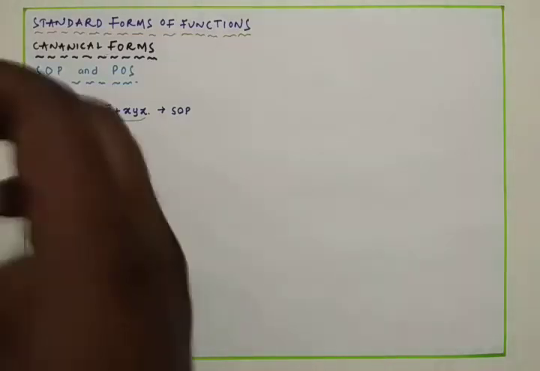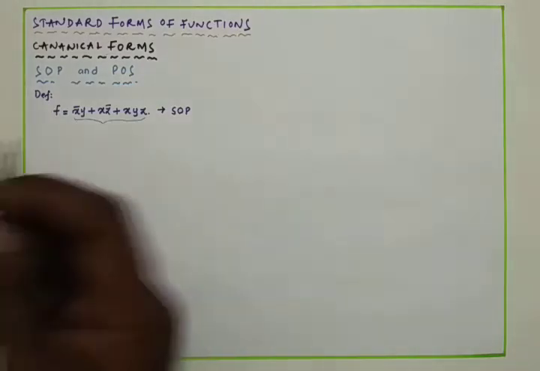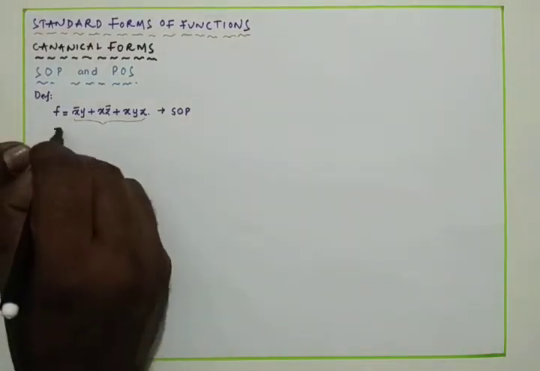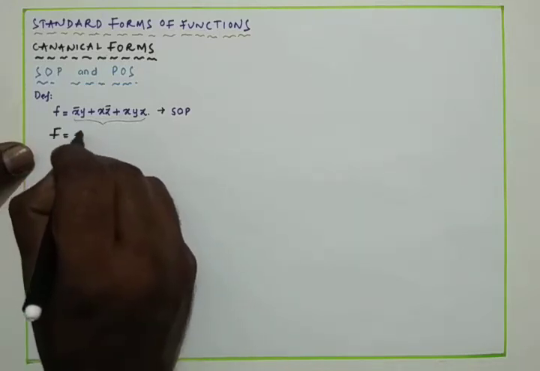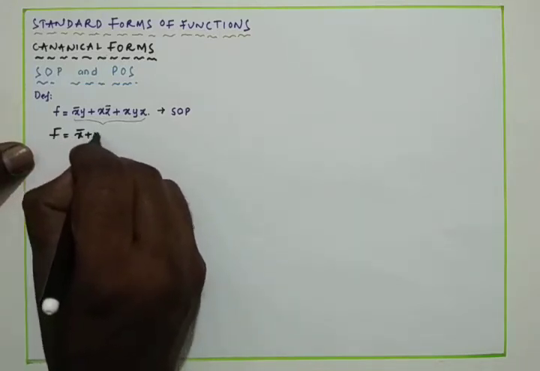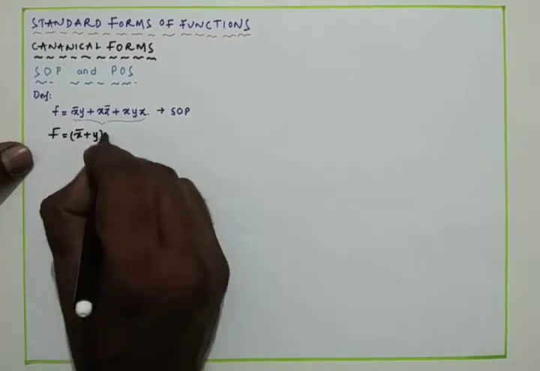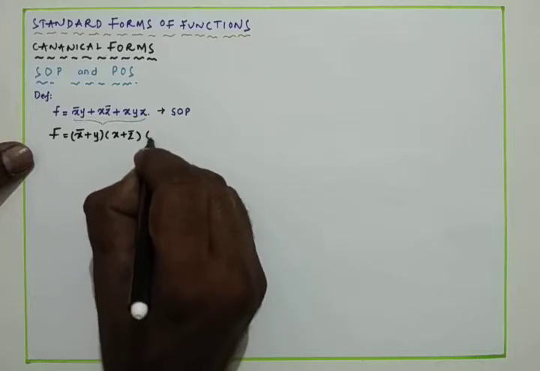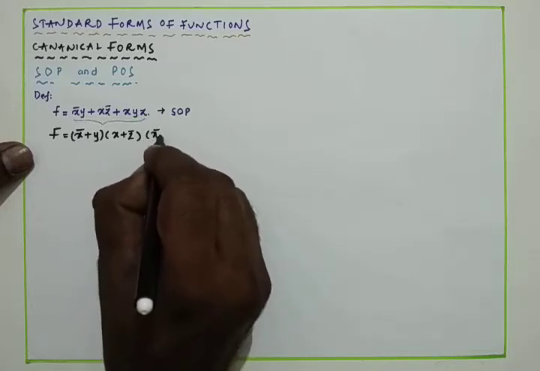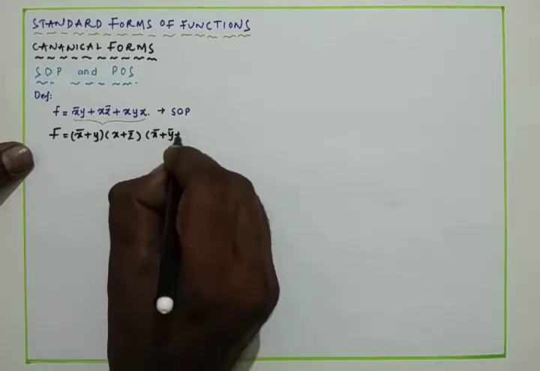And for product of sum, I can go with the same example: F equals X bar plus Y, into X plus Z bar, into X bar plus Y bar plus Z bar.